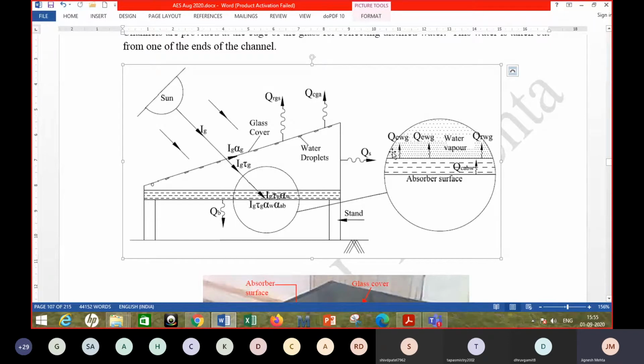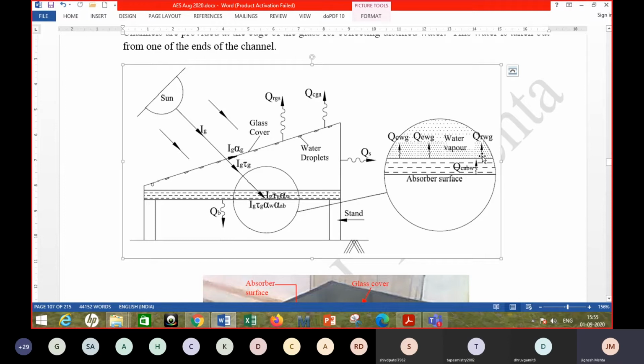The air which is in contact with the top layer of water gets heated, sensibly heated, as well as it also receives moisture or water vapor from the surface of water, right? So that is another way in which the heat is transferred from water to glass.